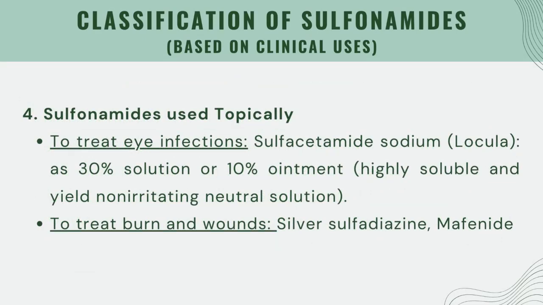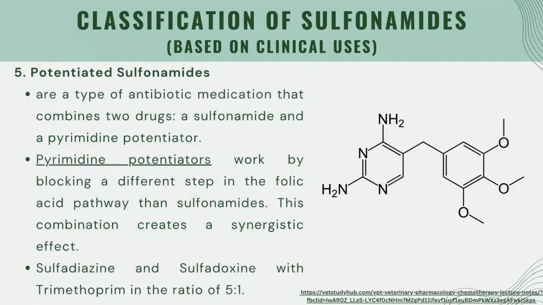Sulfonamides used topically to treat eye infections is a sulfacetamide sodium or locula as 30% solution or 10% ointment. They are highly soluble and yield non-irritating neutral solution. To treat burns and wounds, the silver sulfadiazine and mafenide are used.